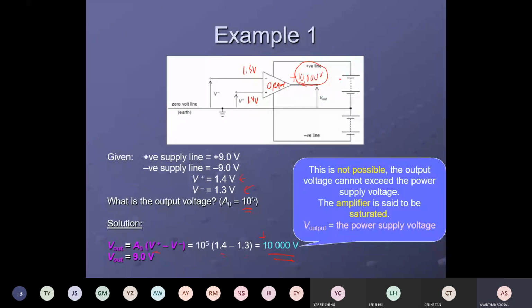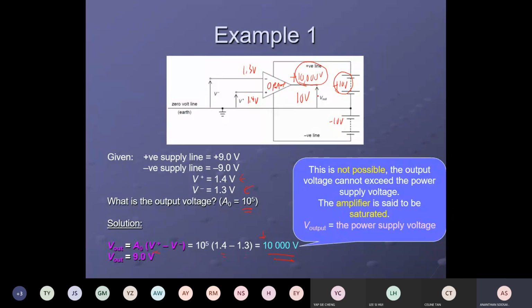If you give the power supply positive 10 volt and negative 10 volt only, and the op-amp wants to output 10,000 volt, the power supply can't afford that. It's only 10 volt, so the output will be only 10 volt. Please understand this: the operational amplifier can tell you any voltage to be given out, but the decider is the supply.